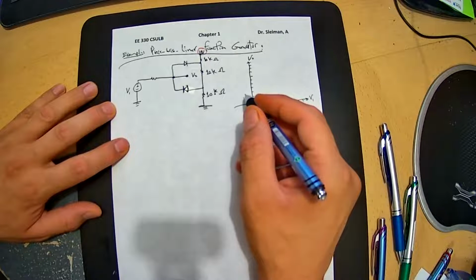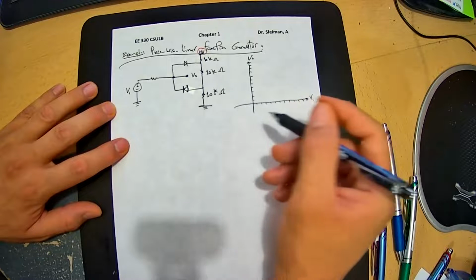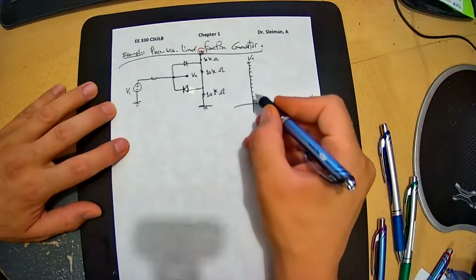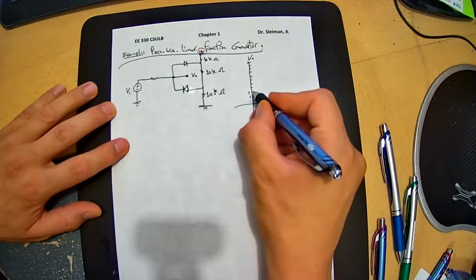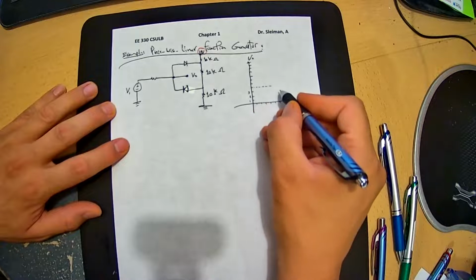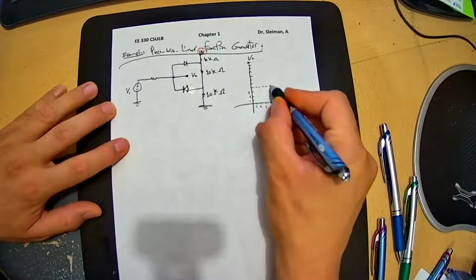So most likely we're going to check. We have the signal, let's say starting on 3, going to 4, and 4.